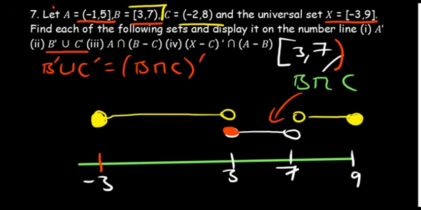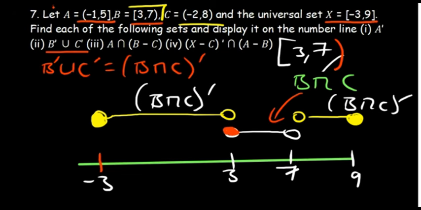Since -3 and 9 are part of the universal set, they are also going to be part of the complement because they are not part of the intersection. So say this is our B intersection C complement. That is also our B intersection C what? Complement. Then this part is also supposed to be shaded because 7 is not part of the intersection. So it's therefore going to be part of what? The complement.